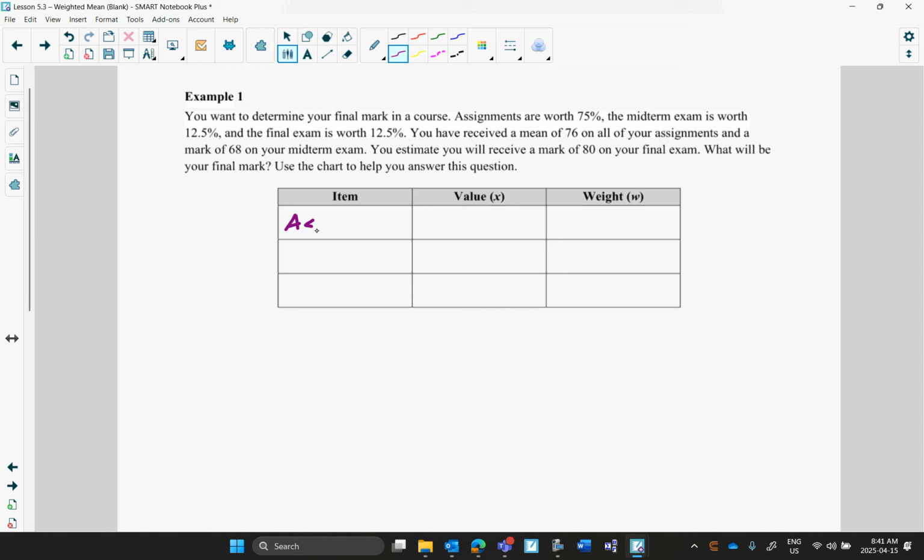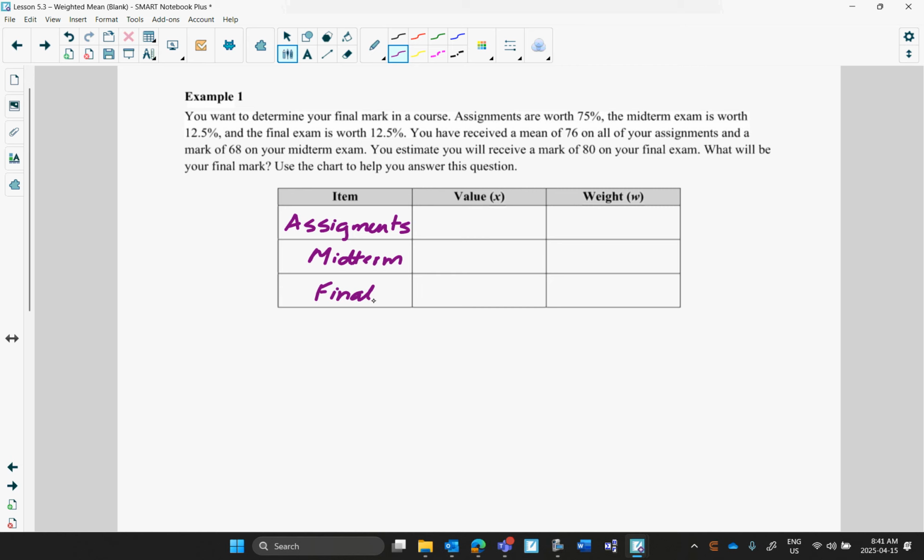So the items are the categories. Your assignments, your midterm, and your final. And the marks you got on each one.